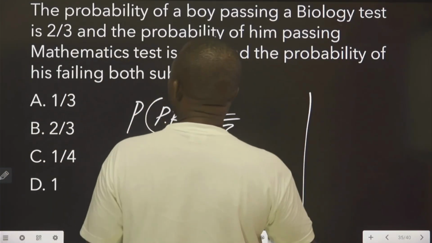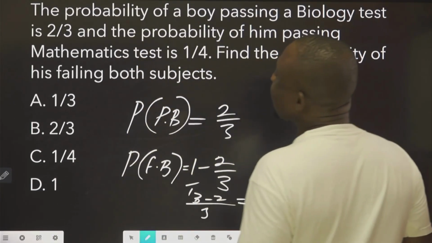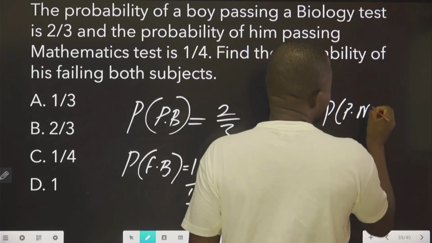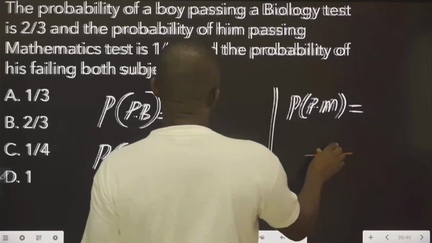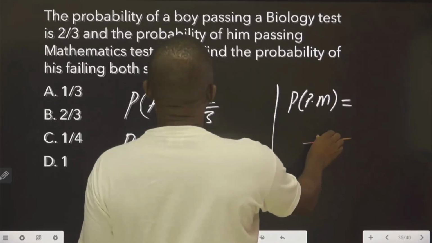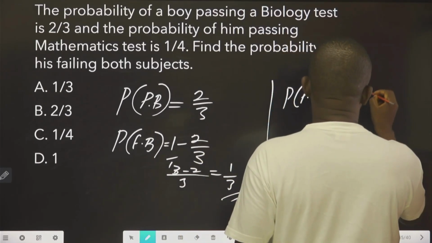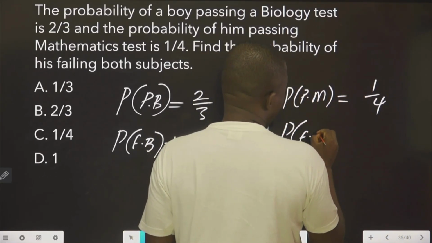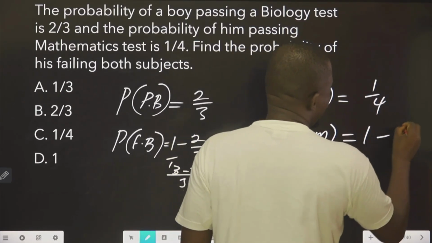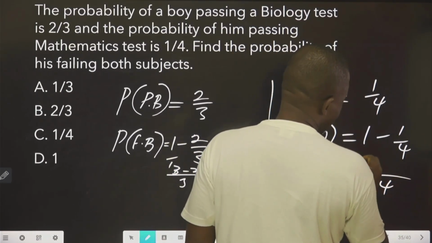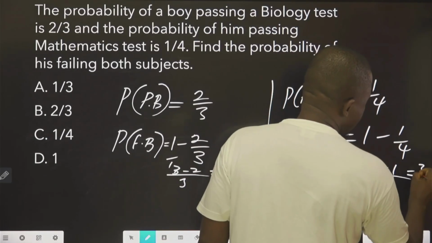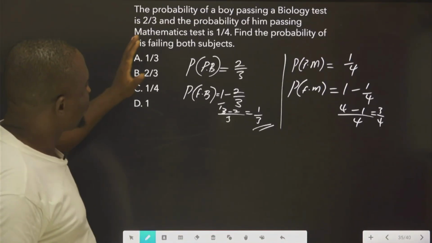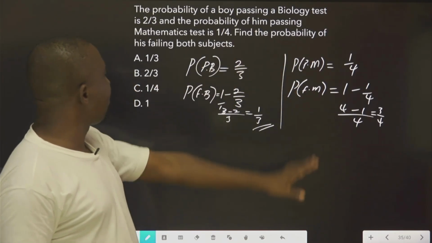For the other one, the probability of passing mathematics, in this JAMB you are going to write the probability of you passing it is 1 over 4. And the probability of you failing maths is 1 minus this, that is 3 over 4. Now we have for passing, failing.